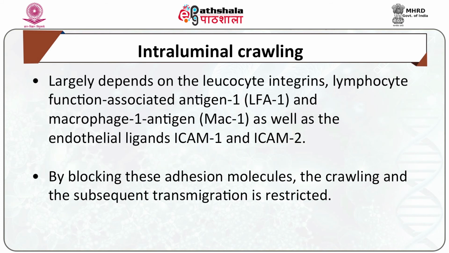The intraluminal crawling depends on the leukocyte integrins, lymphocyte function associated antigen, and macrophage 1 antigen, that is called MAC1, as well as the ICAM1 and ICAM2. By blocking these adhesion molecules, the crawling and the subsequent transmigration has been experimentally restricted.